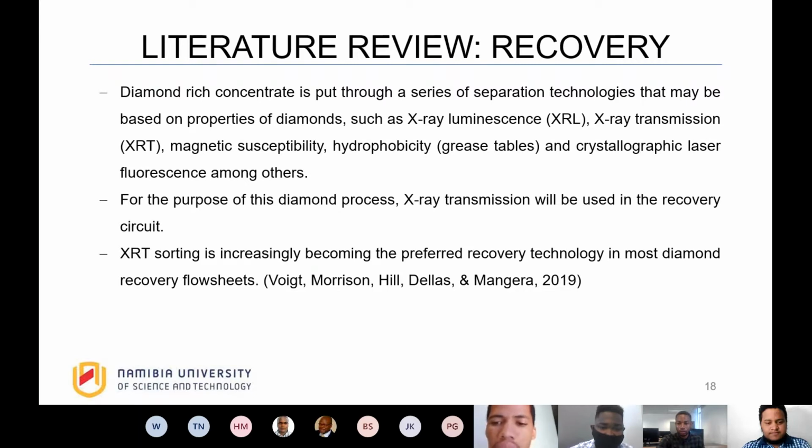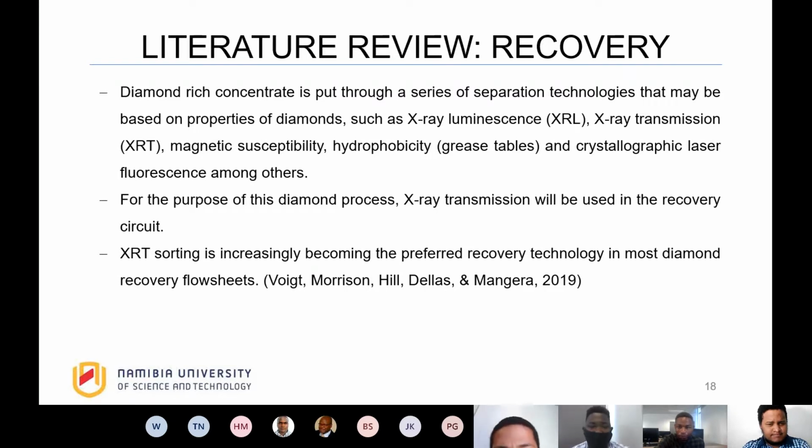So for the purpose of this diamond process, like I said, we decided to opt for X-ray transmission. XRT sorting is increasingly becoming our preferred recovery technology in most diamond and in other mineral flow sheets as well. If we look at gold, for example, they've also opted to adopt this technology based on the work done on the diamonds.